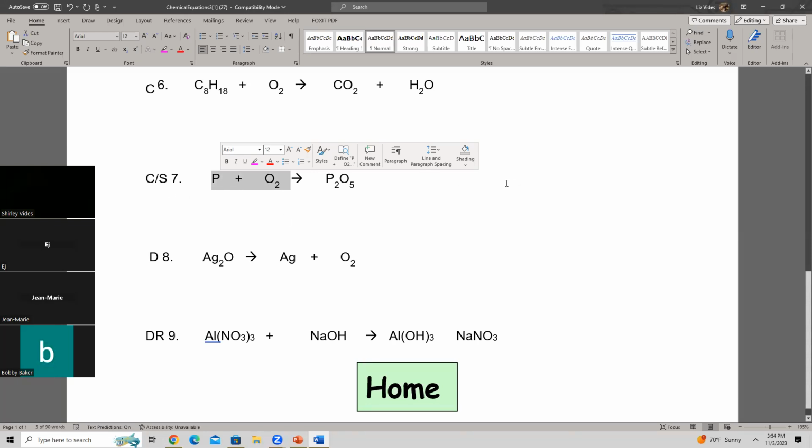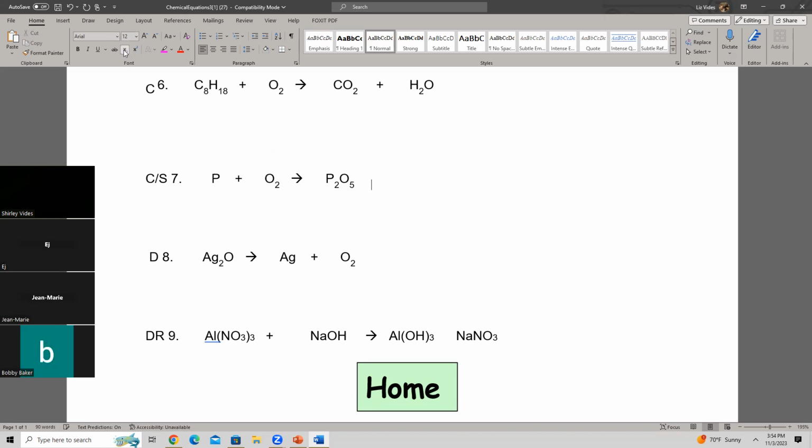Just like when magnesium burns in oxygen, it produces magnesium oxide. That can be both a synthesis and a combustion, because you're making a new product, but you're also burning it. And that is exactly what happens when you do the magnesium ribbon burning.